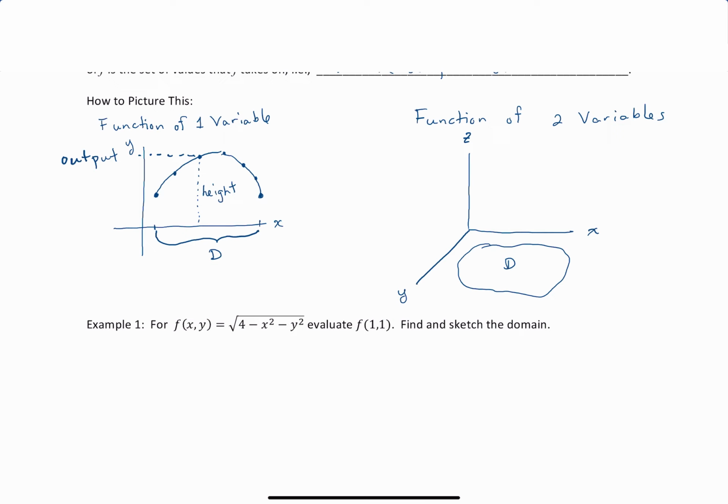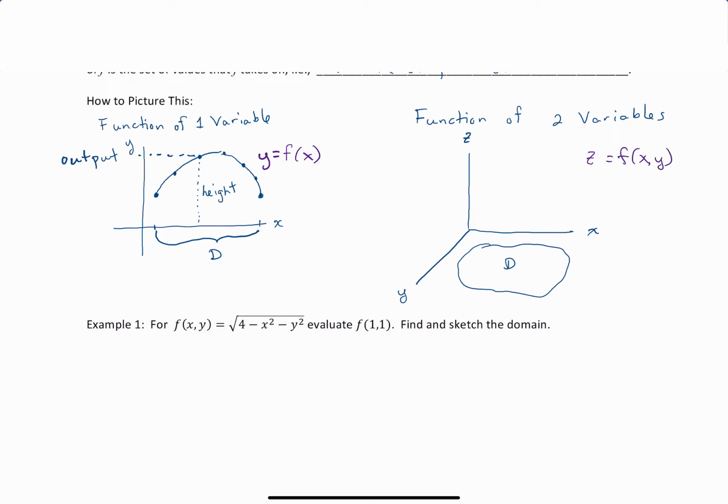Let me do a little bit of labeling here. In the function of one variable, we have y equals f of x. In the function of two variables, we have our output, which we'll often call z, as a function of both x and y. But you can still think of that output as a height.